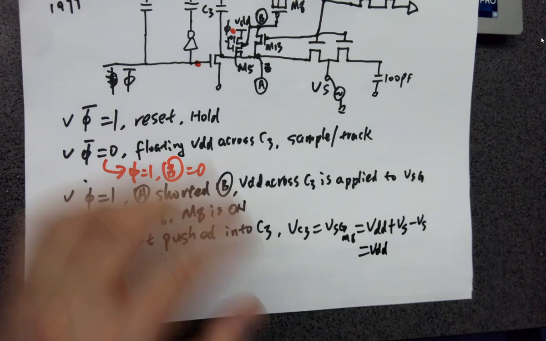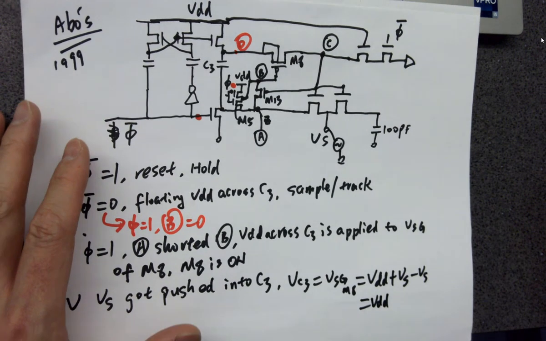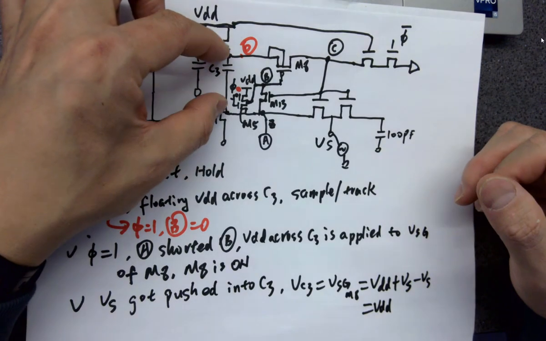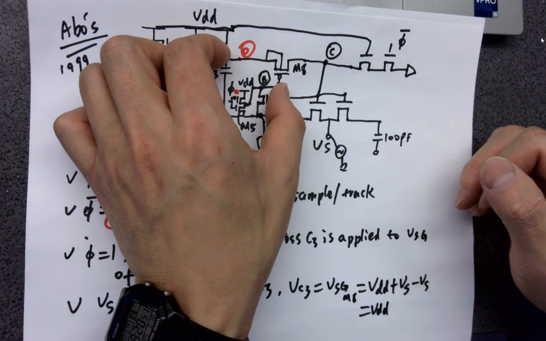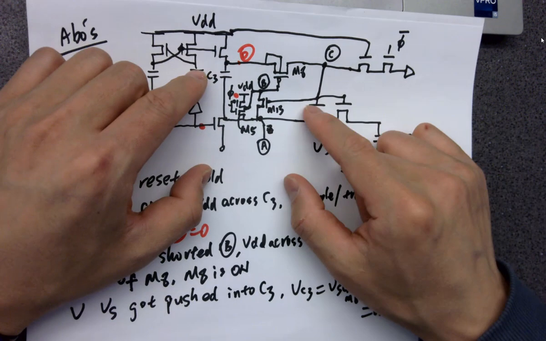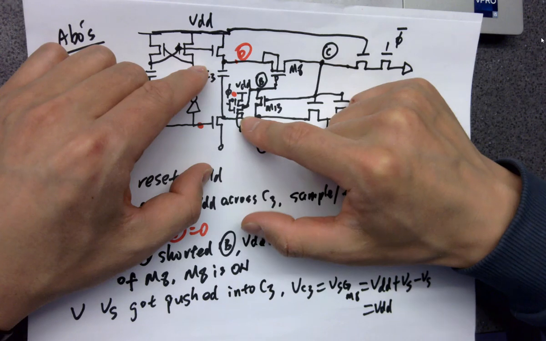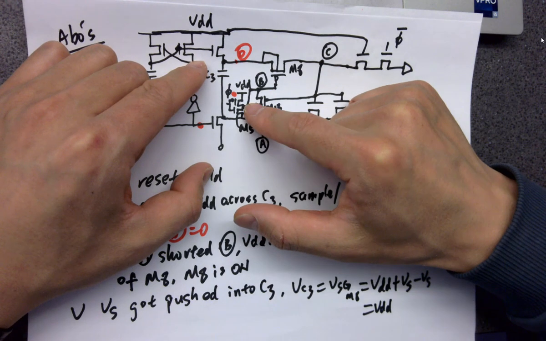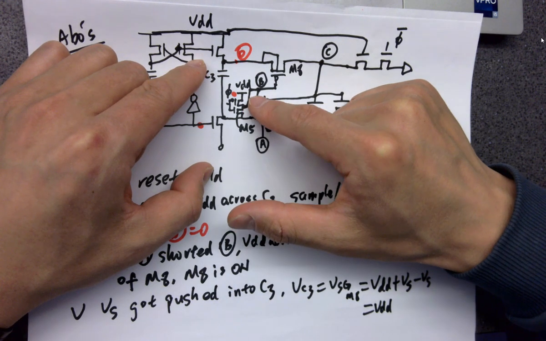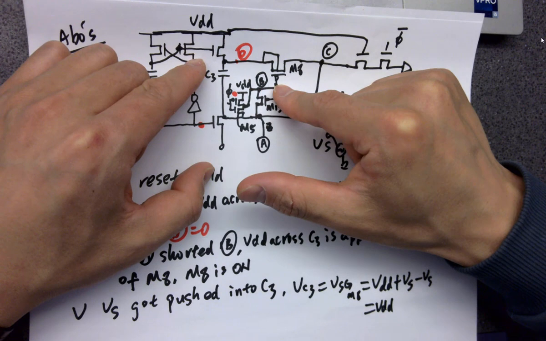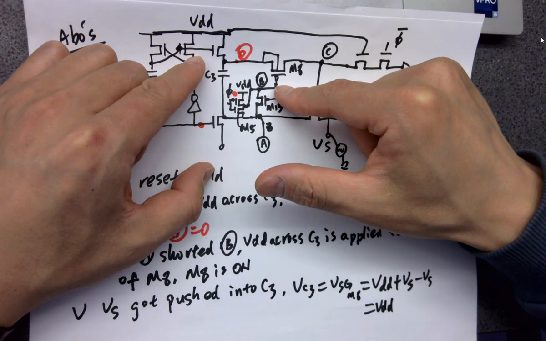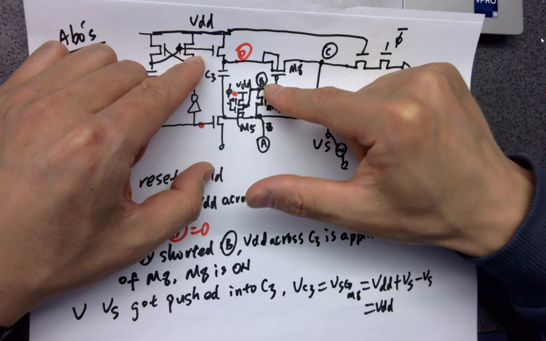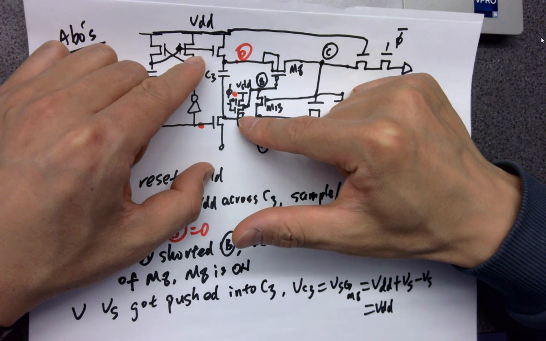And now let's see if that is true. All right, so VC3 is over here, is applied to here, and because VS is able to arrive here and go through the NMOS and arrive at B, eventually here the gate voltage is VS, because that's just the one wire.